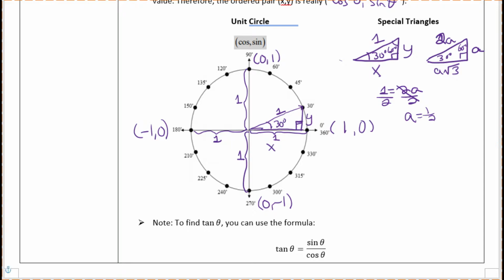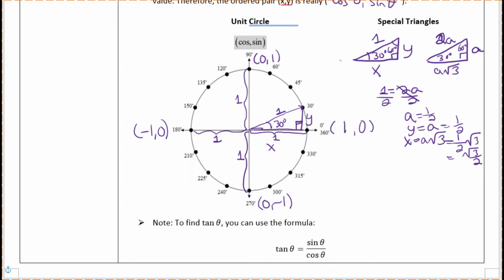Alright, we have that y is equal to a, so that means y is 1/2. And we have that x is equal to a square root of 3, so x is 1/2 times square root of 3, which is the same thing as square root of 3 over 2.